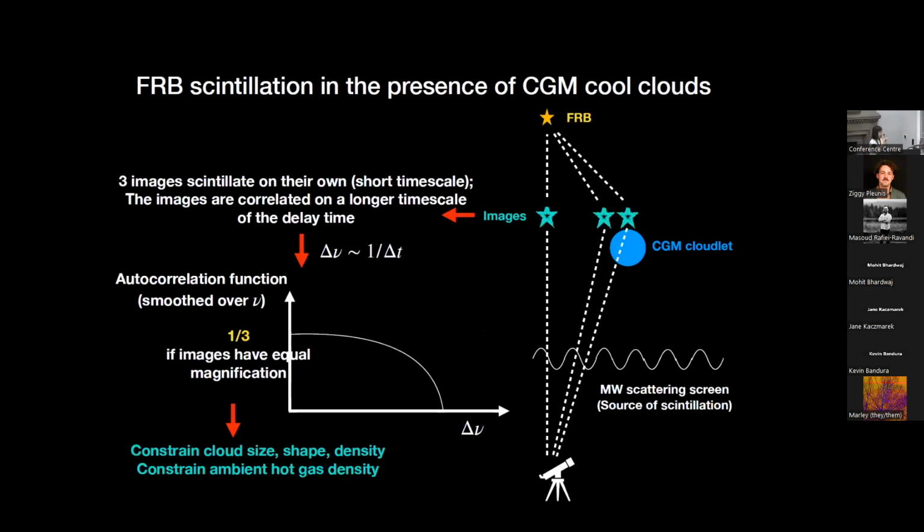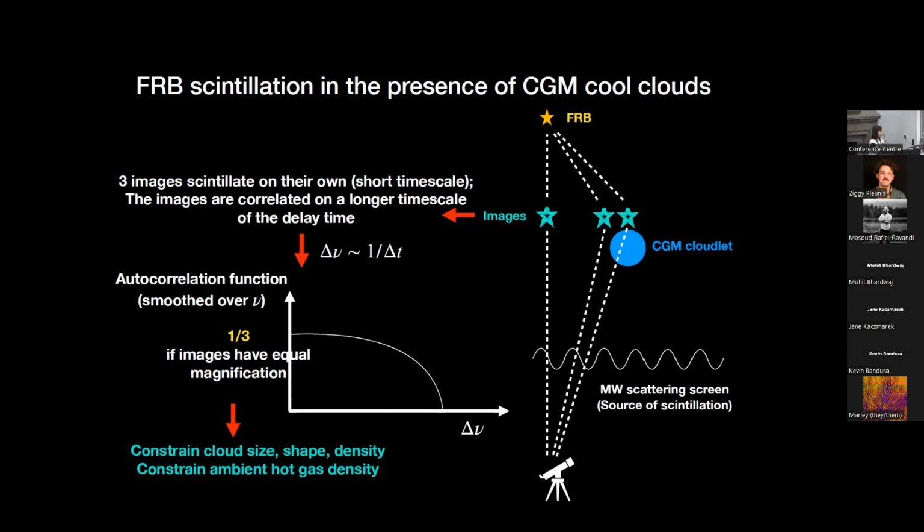Here's a very simple toy model that illustrates the idea of FRB scintillation. Again, the blue circle shows the cloudlets in the CGM, and the FRB is shown by the yellow star at the top. As I mentioned earlier, the plasma lens is diverging.